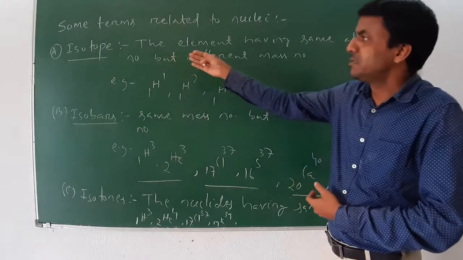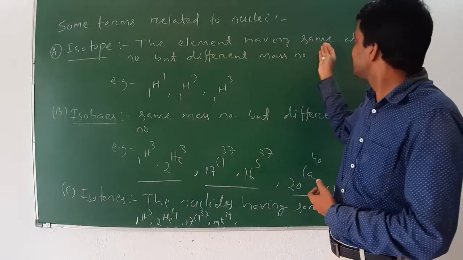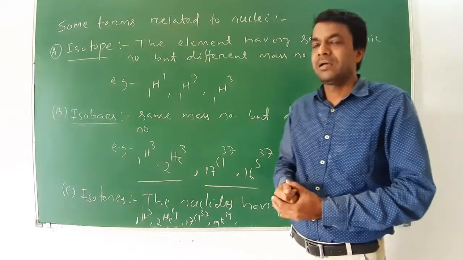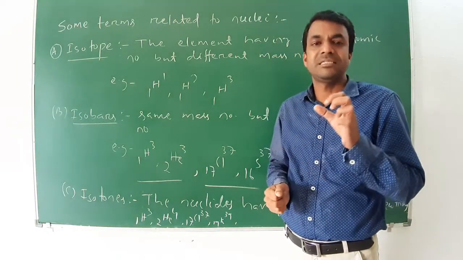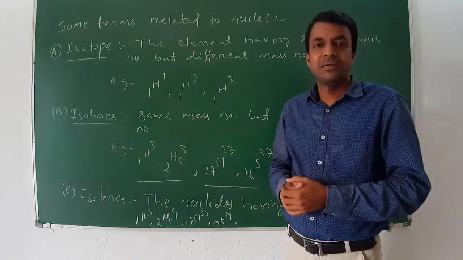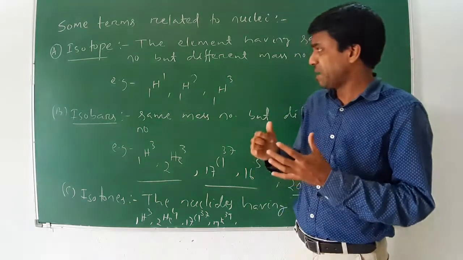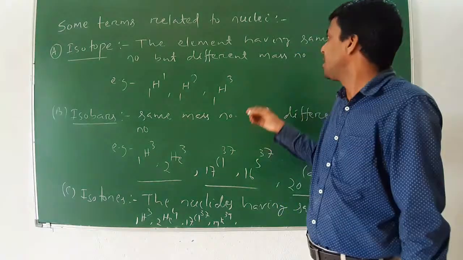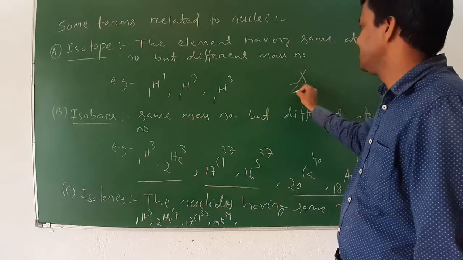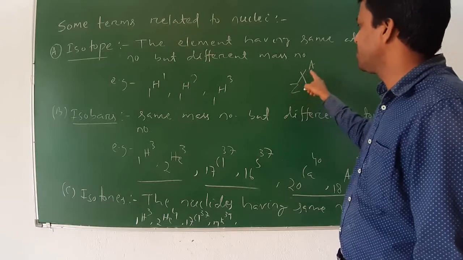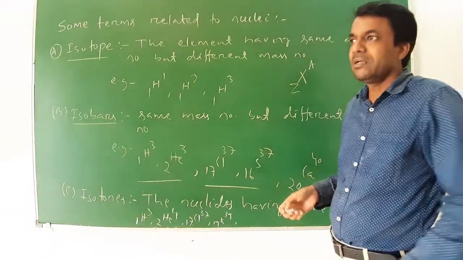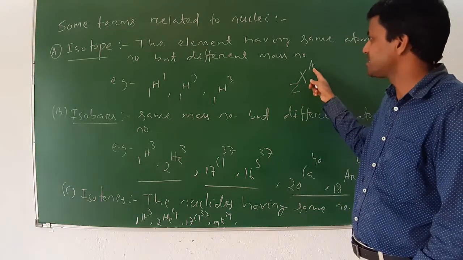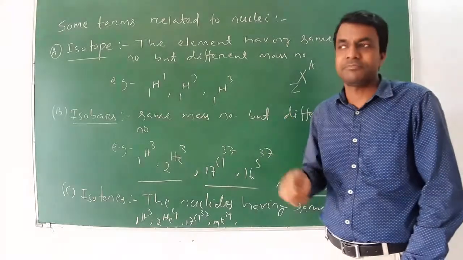Isotope means the element having the same atomic number but different mass number. Atomic number Z must be the same, but the mass number capital A must be different for an element X, Z, A. This is the atomic number, this is the mass number. The elements having the same atomic number but different mass number are known as isotopes.